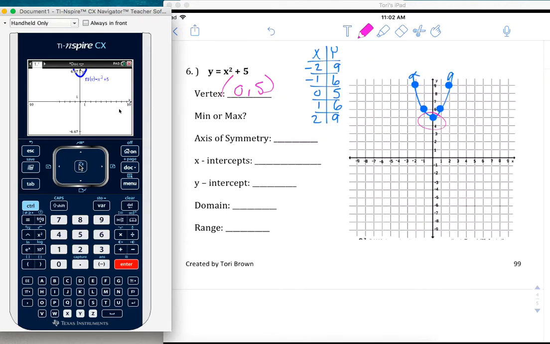That's this guy. He's a minimum because the graph is facing upward again. Axis of symmetry, we steal our x number, x equals 0. But this time our x-intercepts, we don't have to highlight anything. We just say none, there aren't. There are no x-intercepts. We still have a y-intercept, 0, 5. We still have a domain, and we still have our range. We're back to greater than or equal to 5 because we are going higher than the vertex.